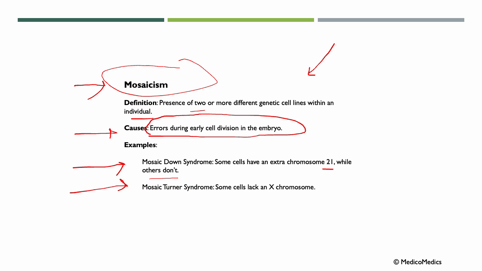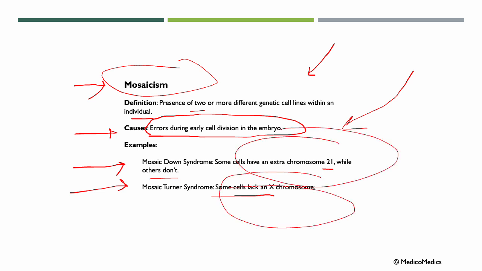Mosaic Turner syndrome. So some cells lack an X chromosome and others don't. So essentially it's a hybrid form of having trisomy 21 or Turner syndrome. You have both quote-unquote healthy cells, and you have the presence of extra copies or missing copies in other cells.